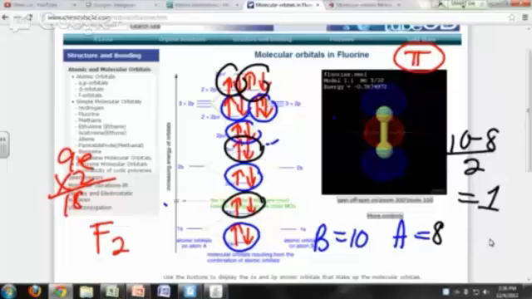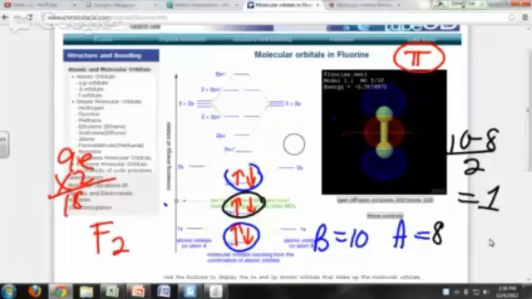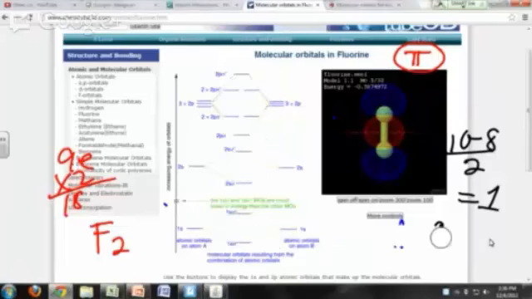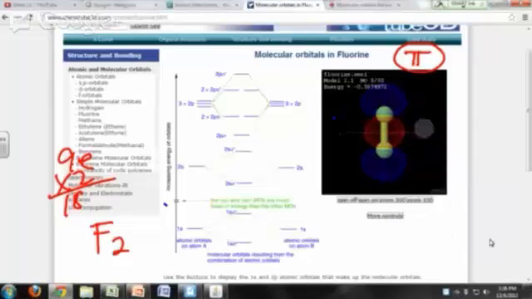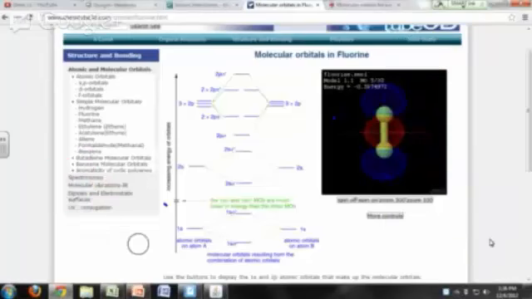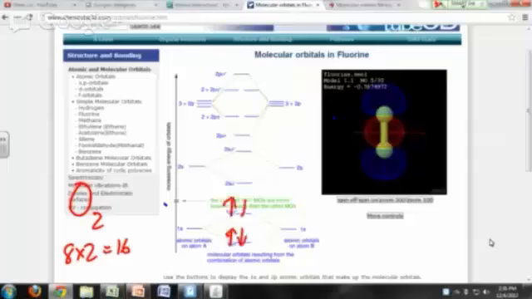Now, the diagram for O2 is going to be similar. What would be the bond order for O2? If we were to do O2, how many electrons do we need? 8 times 2, 16 electrons. 2, 4, 6, 8, 10, 12, 14.